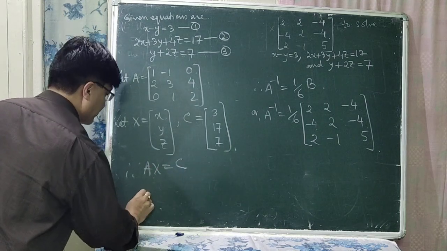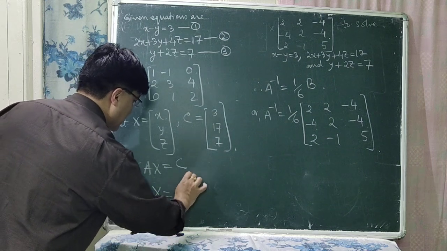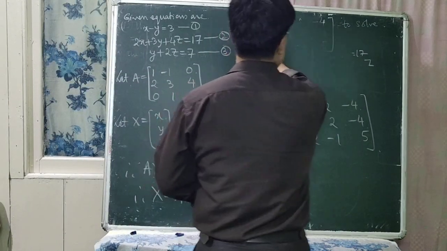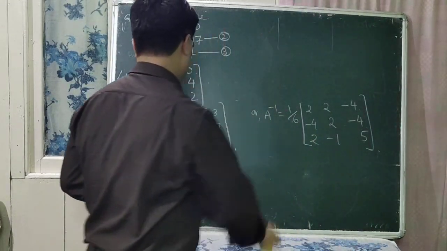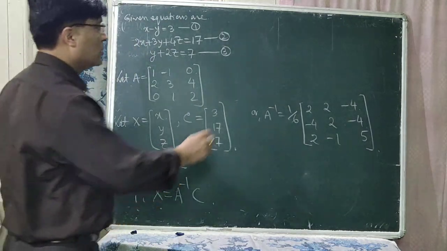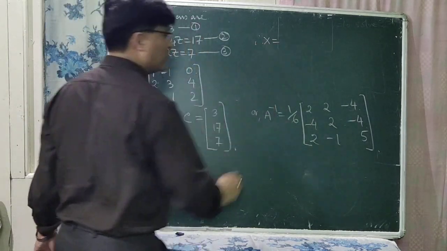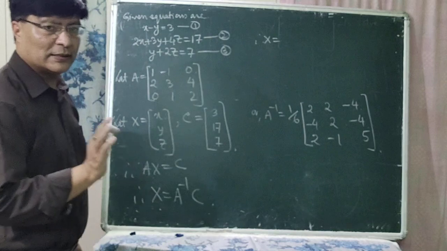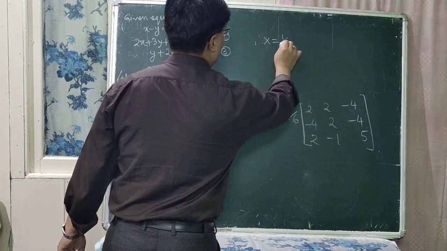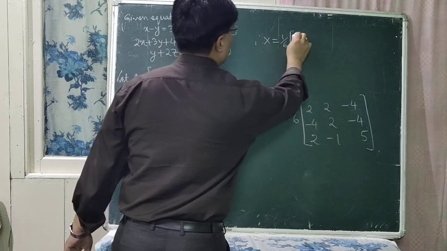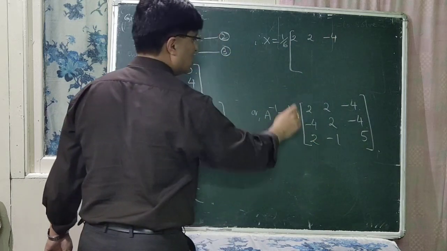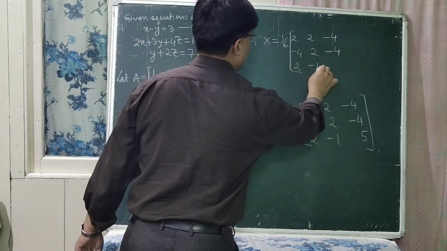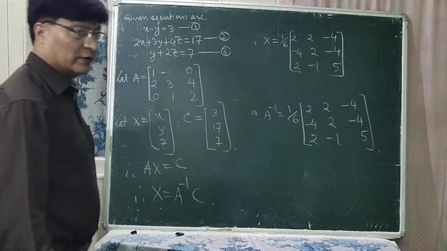AX is equal to C. That means X is equal to A inverse C. So now you know how to write A inverse C. Here capital X is equal to A inverse, which we just determined: 1 upon 6 times the matrix 2, 2, minus 4, minus 4, 2, minus 4, and then 2, minus 1, 5. So this is your A inverse.